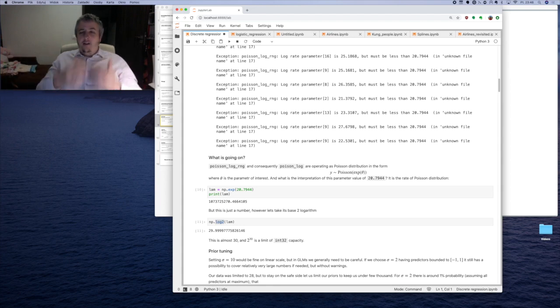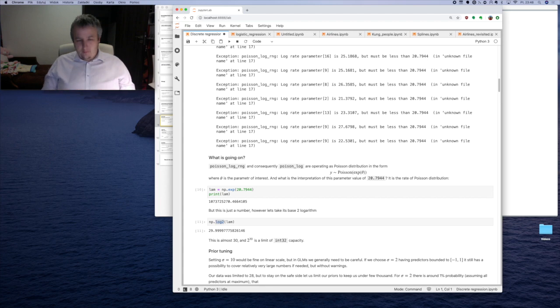So if our value gets over 20.7944, then we get out of the limits of the integer and Stan signals an error. Of course, if we were using 64-bit integers, then we would have a much bigger scope of access, but again, that is when we would be modeling numbers that are greater than billions.